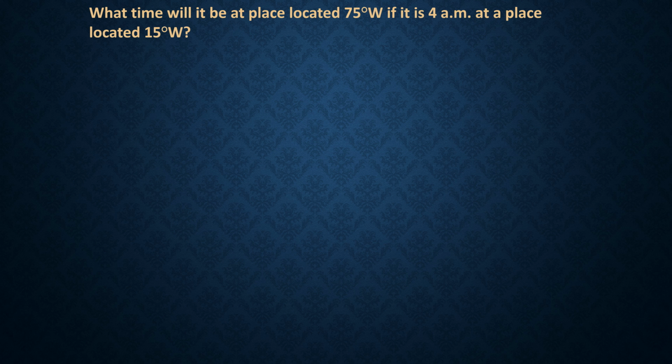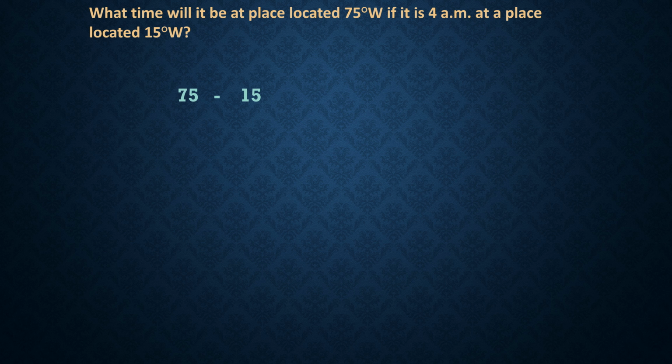Okay, let's try it this way. What time will it be at a place located at 75 degrees west if it is 4 a.m. at a place located at 15 degrees west? This time, we want to know the time of a place located at 75 degrees west, since we already know the time at a place located at 15 degrees west.